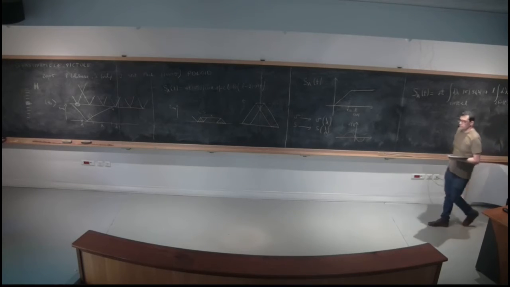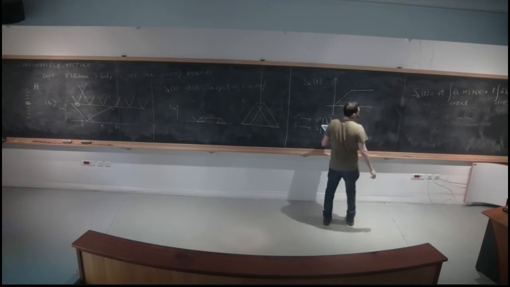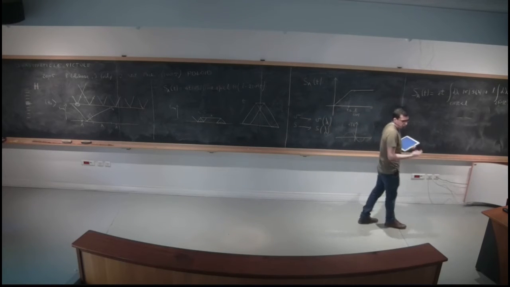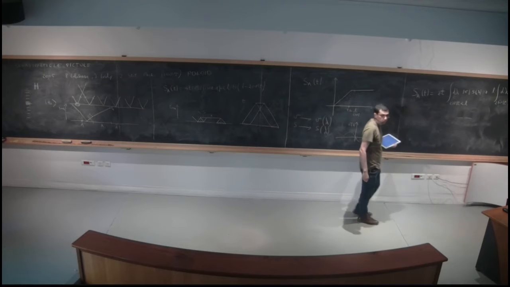So this is the formula that you get simply by integrating over the rapidity lambda.